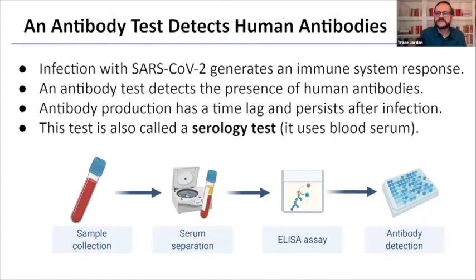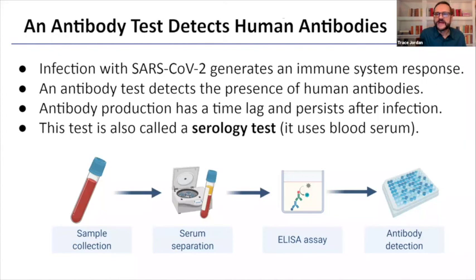It's actually detecting the body's response to the SARS-CoV-2 infection. So an antibody test detects human antibodies. So infection with SARS-CoV-2 generates an immune system response, which includes the production of antibodies to various proteins within the virus. And this antibody test detects the presence of these human antibodies.